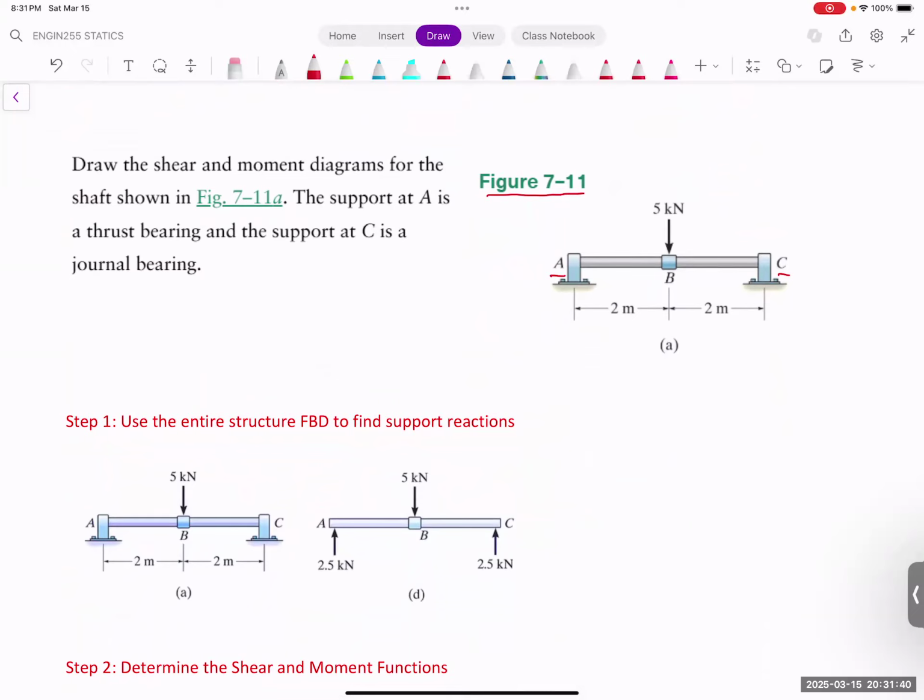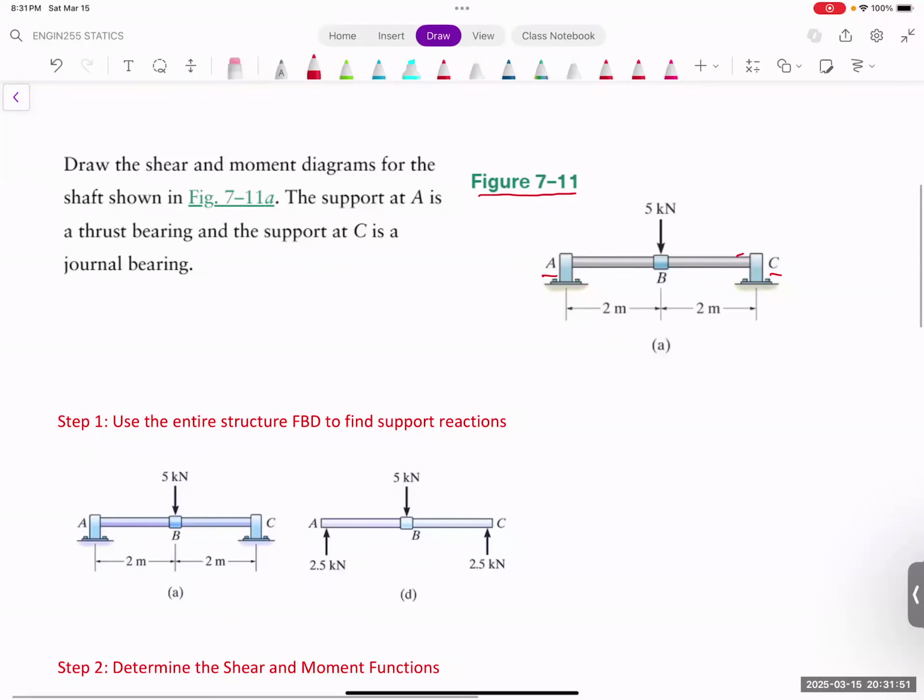The bearing simply has a circular item inside the housing, and the shaft just goes through this and is supported at two ends. It allows the shaft to rotate, but it doesn't allow the shaft to move up and down or left and right. So this is the situation.